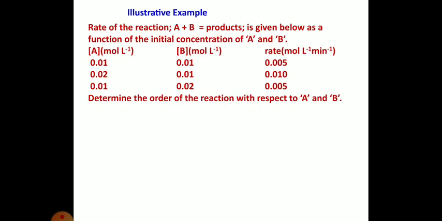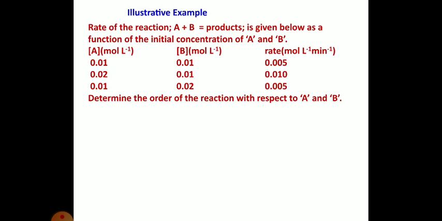Now some examples may be asked in your exam like this. The pattern of the problems will be like this. The rate of the reaction A plus B gives product is given below as a function of the initial concentrations of A and B. Look at this table.